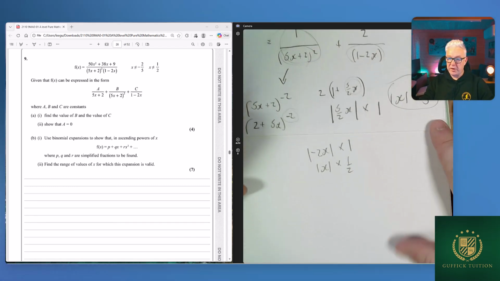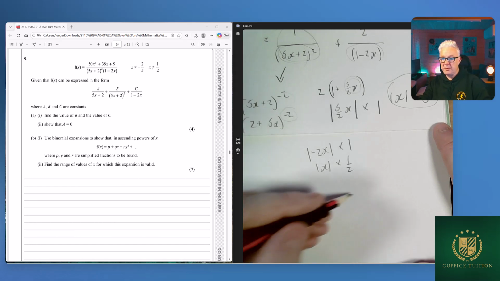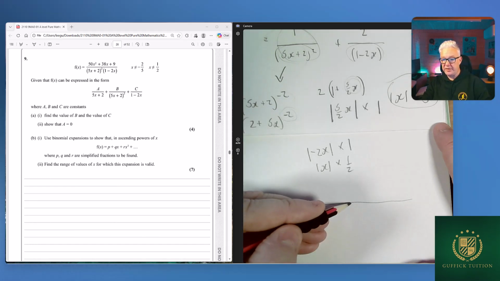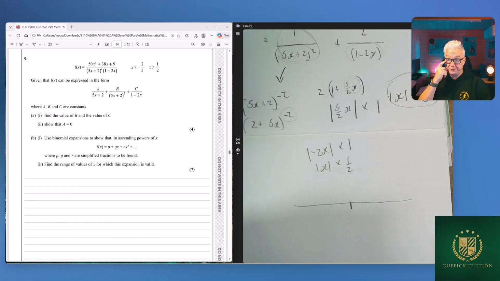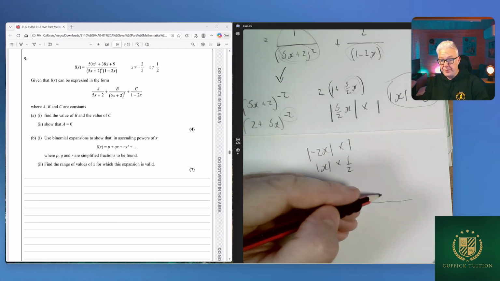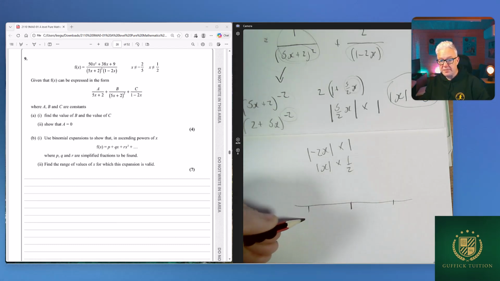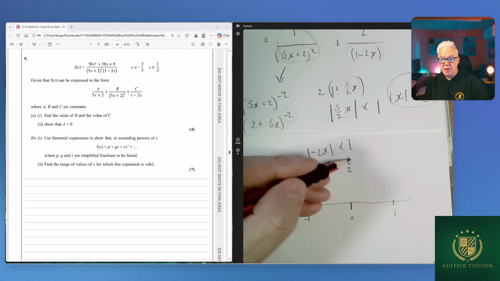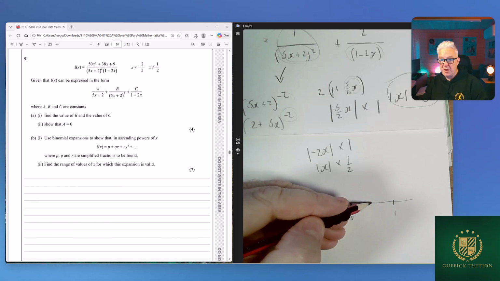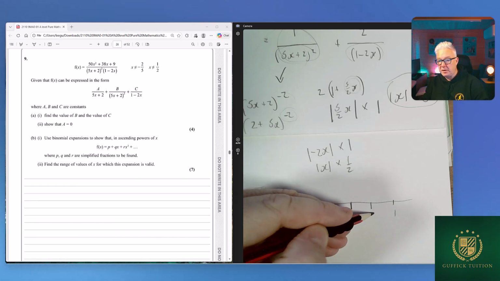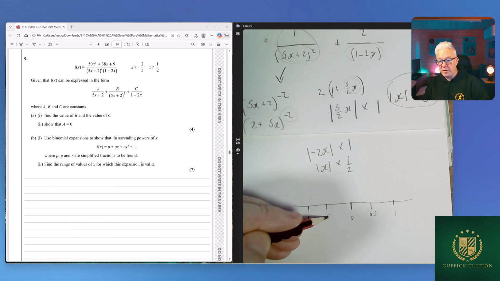Now, we've got to decide which one of these is going to be our right answer. And I think use of a number line here really helps. So we've got, let's say for example, 1, and there's minus 1, and there's 0. So we've got a half here. So we have got 0.5. There's minus 0.5.